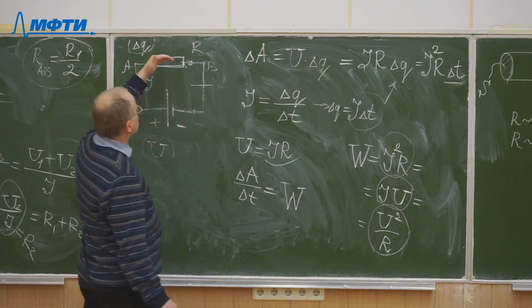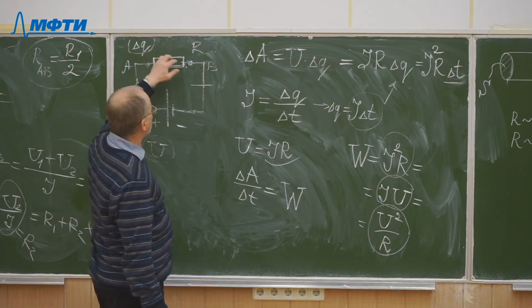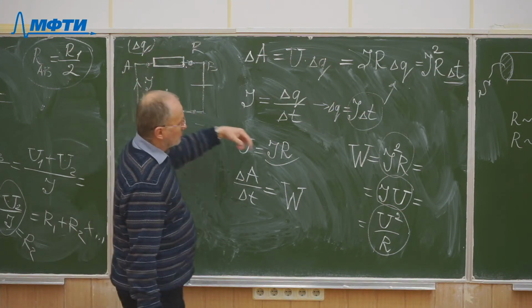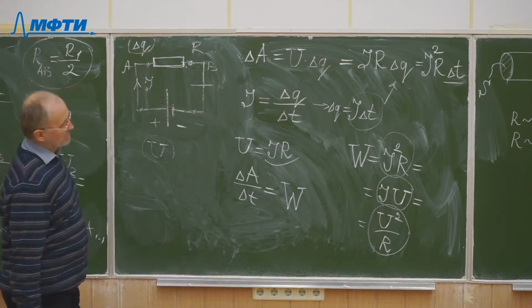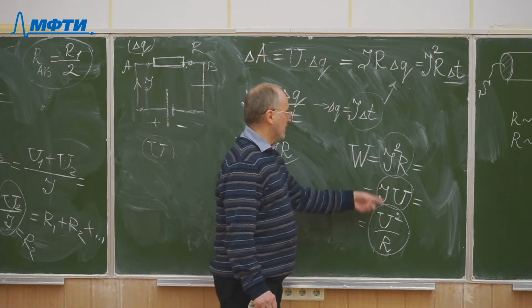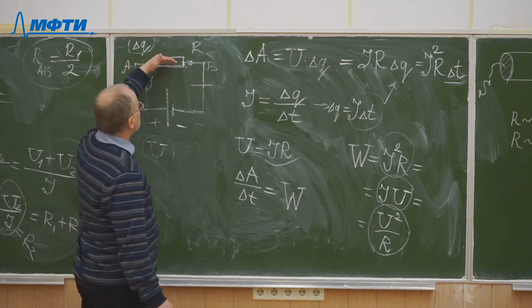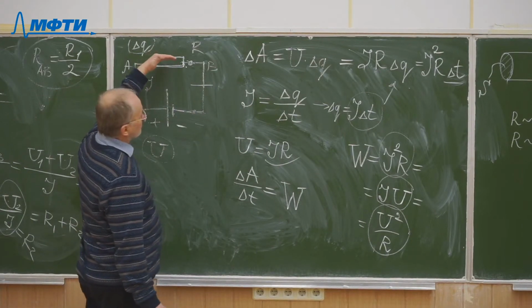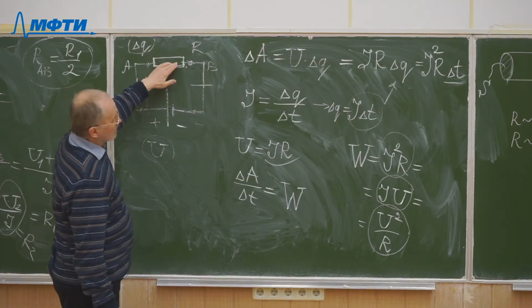Or if you take the heat energy released in a unit of time, then it will be equal to the power of electric current, and the power of electric current is given by one of these formulas. All these formulas are equivalent because all of them can be obtained from one another using Ohm's law. And this is the power of heating, the power of heat release in this element.